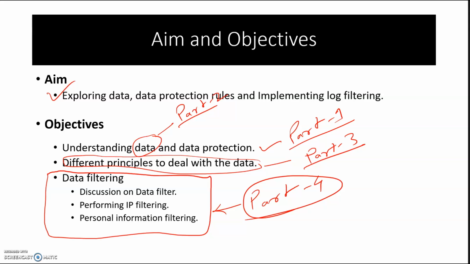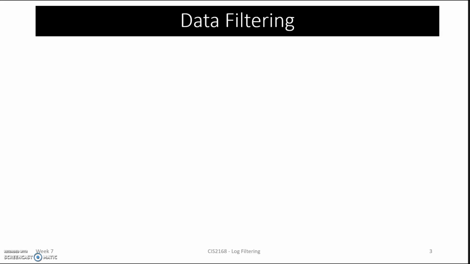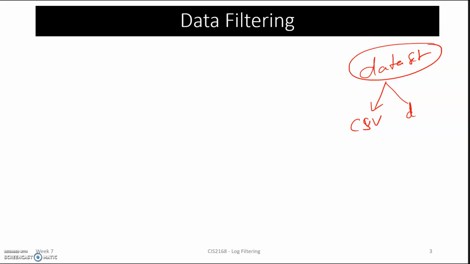So we will start with data filtering. Data filtering is the process of filtering some data out of all the data present in the log file or in the CSV file, or it's better to say in the data set. So you have a data set, and it will be in the form of a CSV file or a log file or any other.